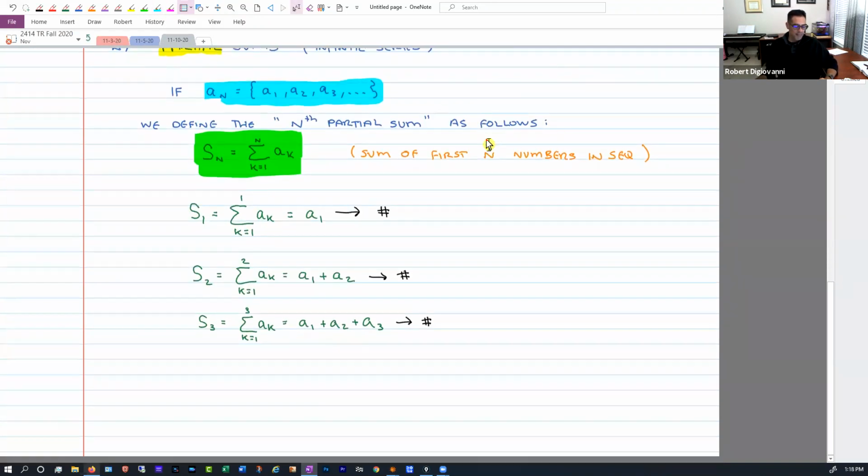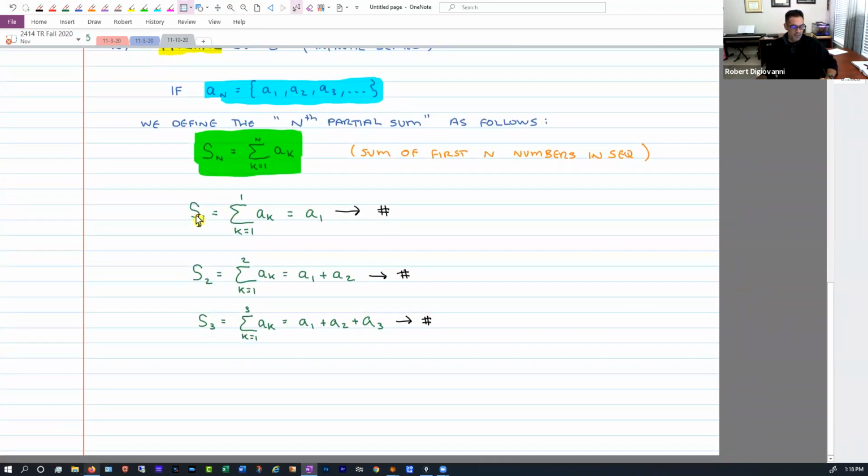So guess what? If this first partial sum is a number, and the second partial sum is a number, and the third partial sum is a number, then isn't this just a list of numbers?